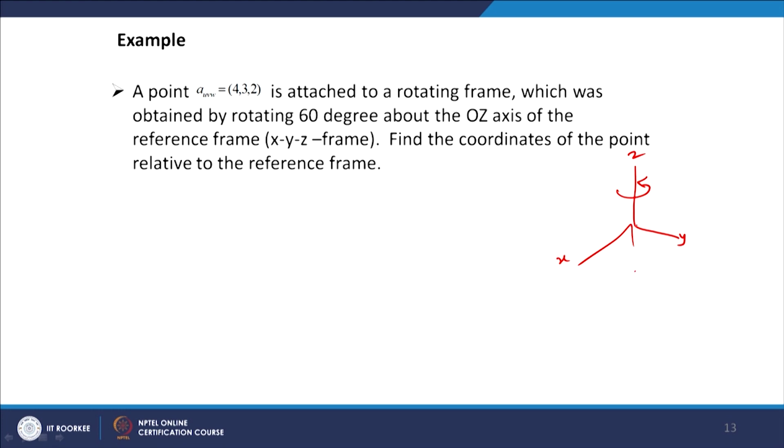We call it the u v w frame, and because we are rotating about the z axis, w is the same as z. Now, the point in the u v w frame is given as 4, 3, 2, and what will be the point with respect to the original x y z frame?